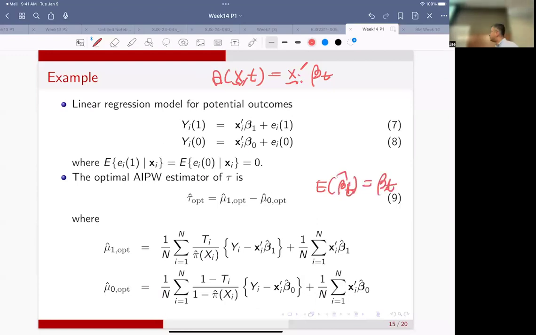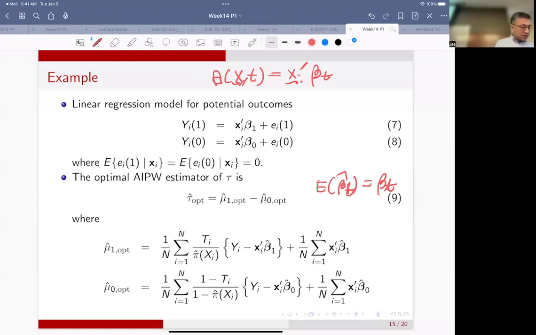As long as you can compute, you can show this relationship under the outcome model. They are all asymptotically equivalent when both models are correct. When both the outcome model and this propensity model are correct, then how to estimate beta hat does not make any difference.